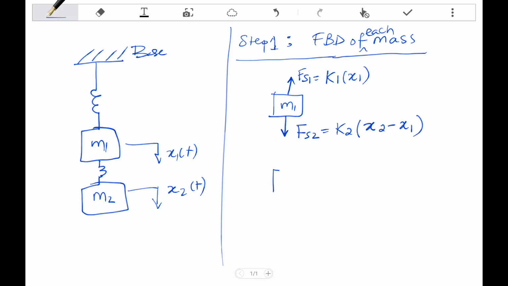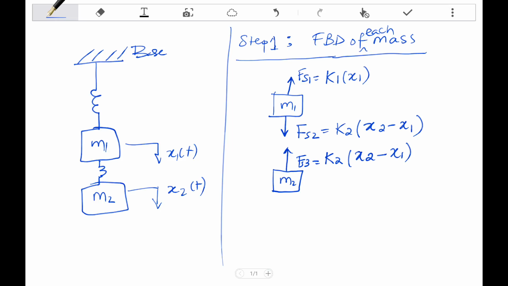And if we draw the free body diagram of mass 2, the force here, Fs3, is going to be basically the same thing as Fs2. Okay. Now you've got the free body diagram of each mass, and now what we're going to do is get the equations of motion.